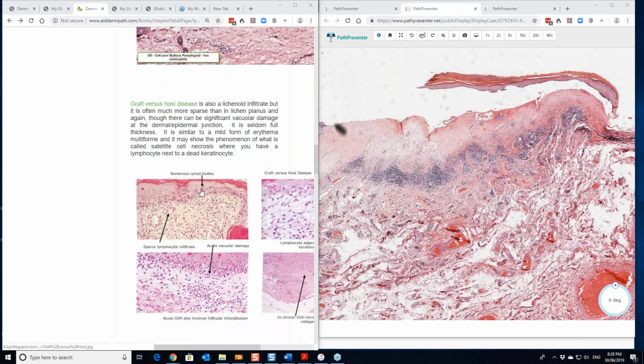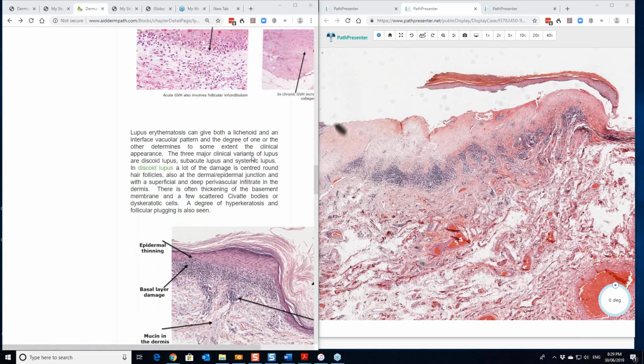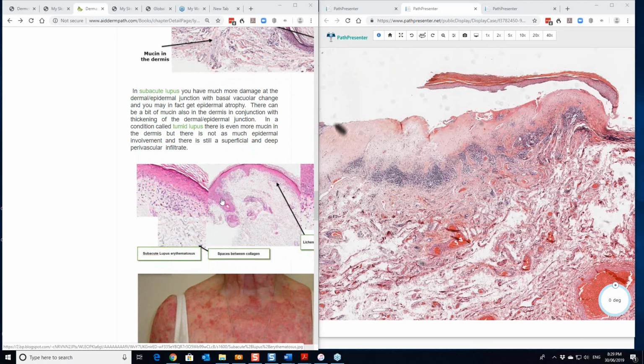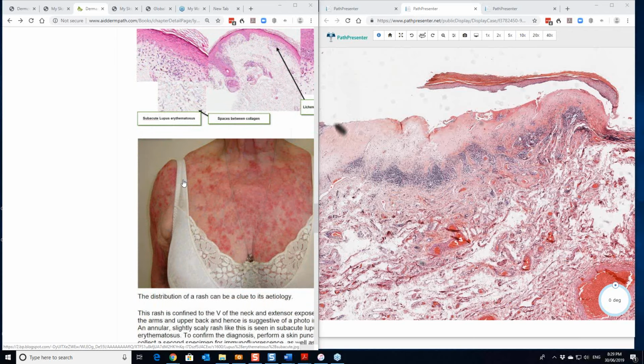A lot of cytoid bodies in that, just as there are a lot of cytoid bodies, dyskeratotic cells in erythema multiforme. Lupus, the different types, chronic discoid with a more lichenoid picture, subacute lupus with the more interface damaged picture. Similarly with systemic lupus.